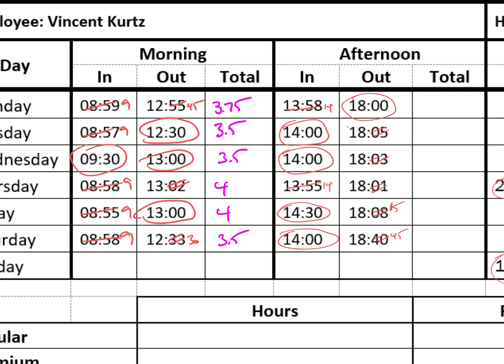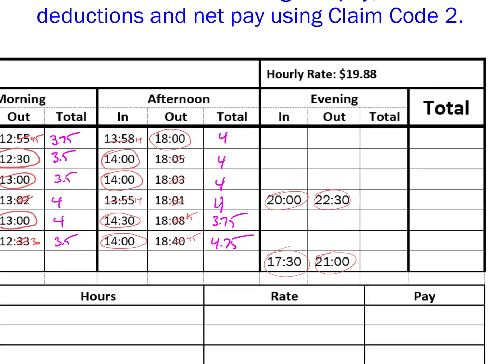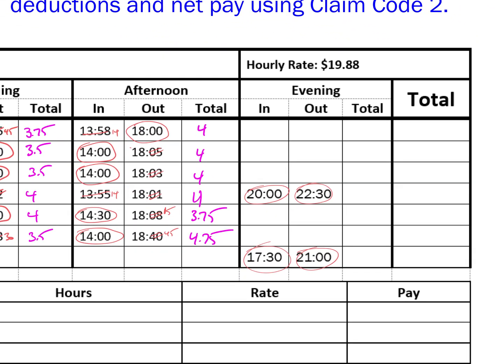In the afternoon side, we have 4 hours here, 4 hours here, 4 hours here, 4 hours here, 3.75 hours here, and 4.75 hours there. In the evenings, he gets 2.5 hours in the first evening and 3.5 hours on the second evening.